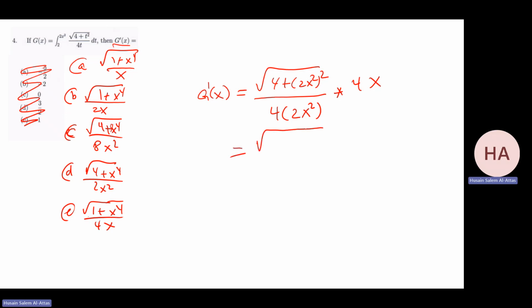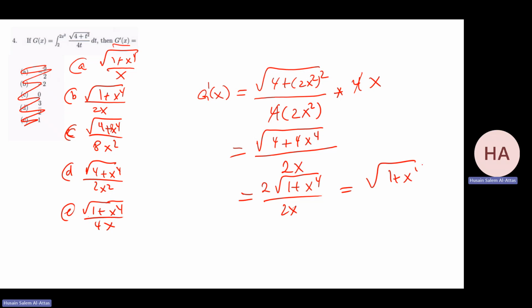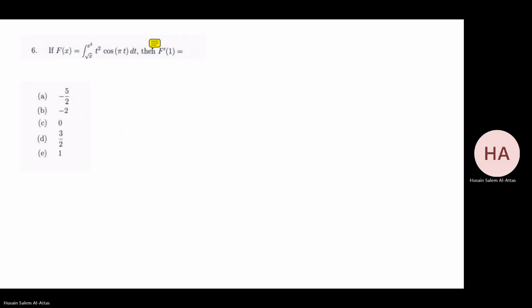I'm getting the square root of 4 plus 4x to the power 4 over 2x, the 4 cancels with this 4, x with x, which is not there. So I'll take 2 as a common factor. I have 1 plus x to the power 4 over 2x. So the answer is 1 plus x to the power 4 over x, which is this one. Actually, those were the answers for this question.